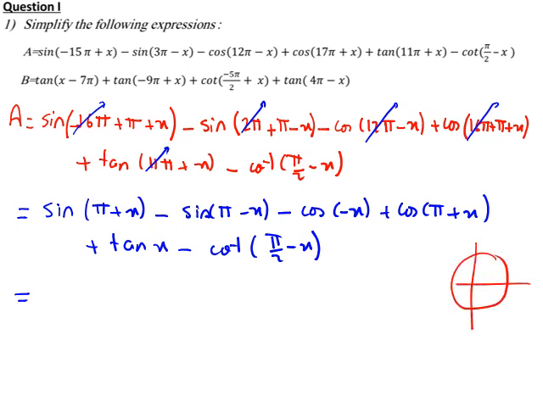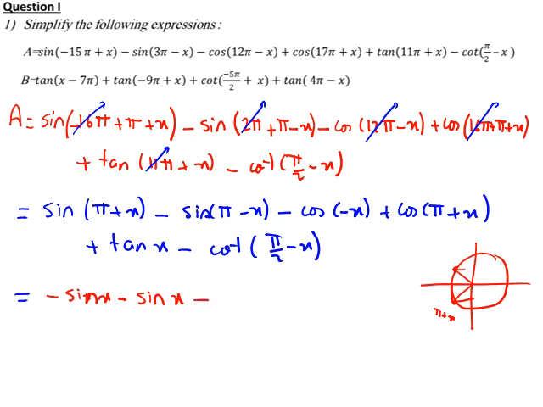Equal sine pi plus x. Draw a circle, pi plus x, so sine is minus sine x. Sine pi minus x, that's pi minus x, sine is positive, so minus sine x.